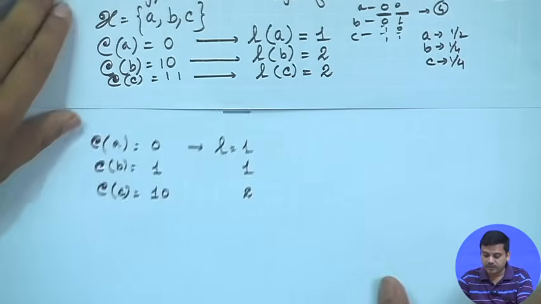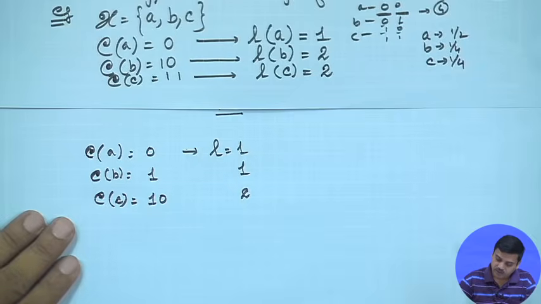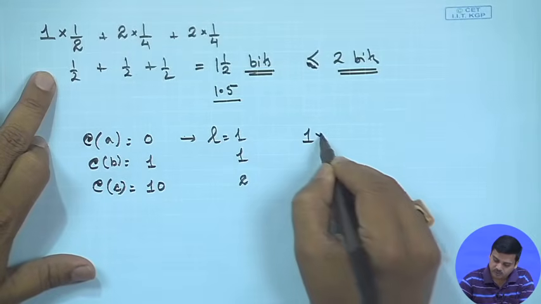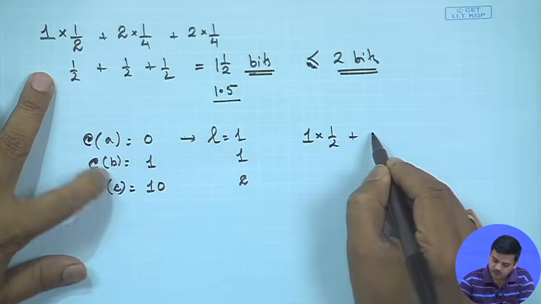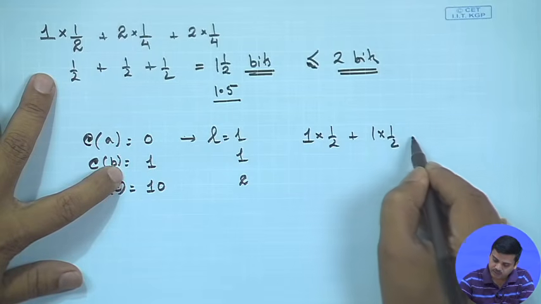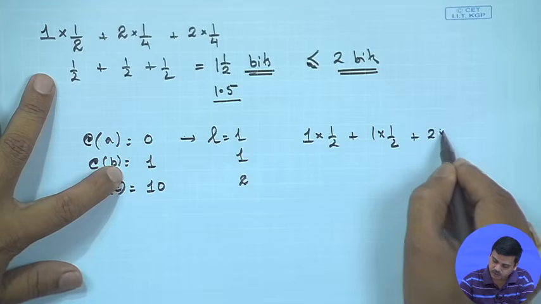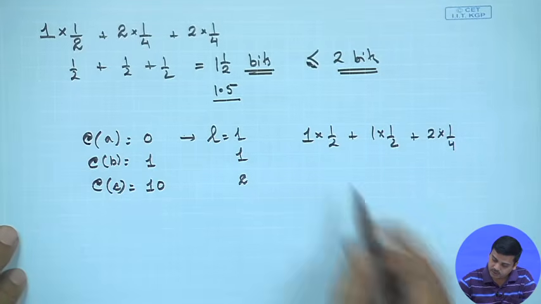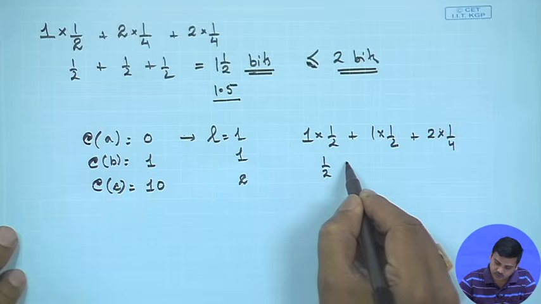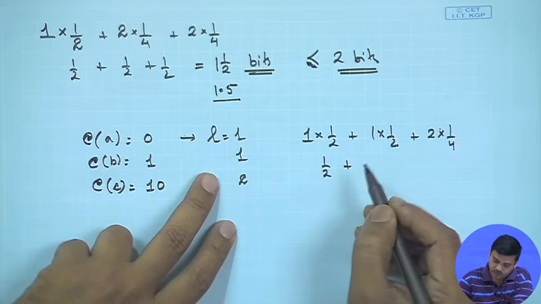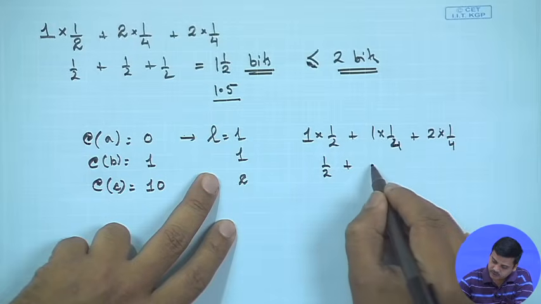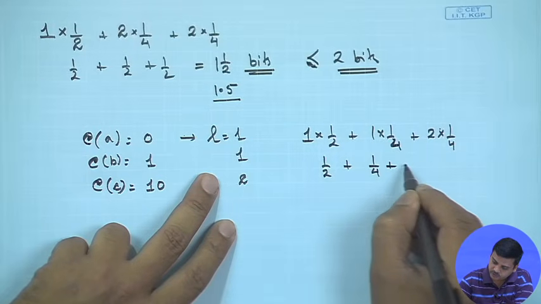So, if you calculate the average number of bits required, going by the example we calculated, 1 multiplied by half plus 1 multiplied by 1 by 4, this is the probability of occurrence of B, plus 2 multiplied by 1 by 4.